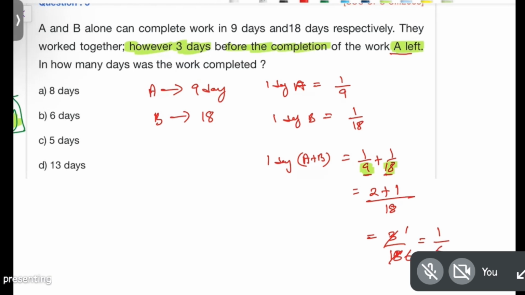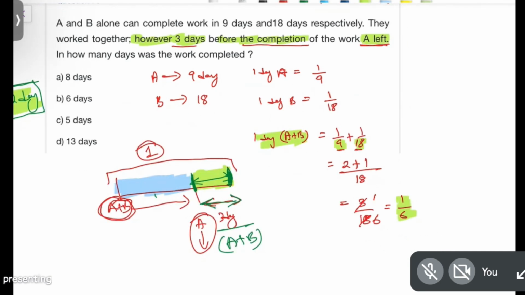Now the trick is this part. A left 3 days before the completion of the work. That means A is leaving early. A and B alone can finish the work in 9 days and 18 days. So 1 day work of A is this one, 1 day work of B is this one.